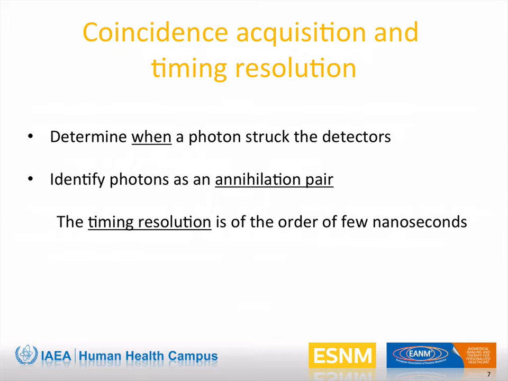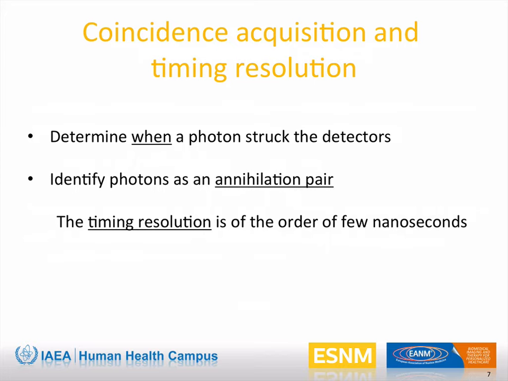The selection of the annihilation gamma-ray pair using the arrival time information is called detection in time coincidence, or, in brief, coincidence detection. For this reason, it is important to be able to determine when a photon has struck a detector. In this way, the time of all detected events can be compared to determine which ones arrived closely enough in time to be identified as an annihilation pair.